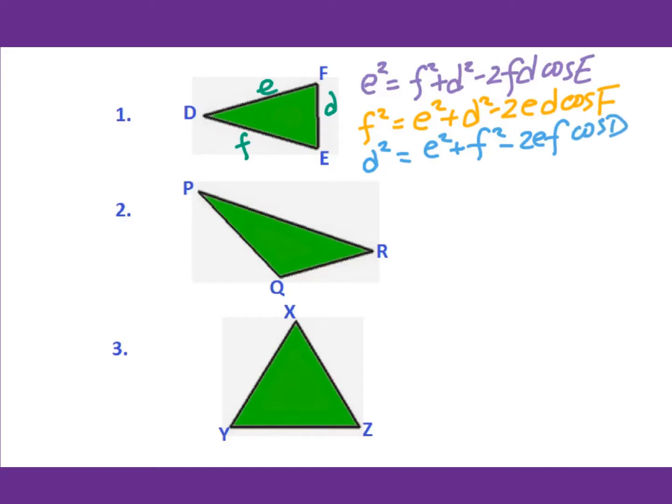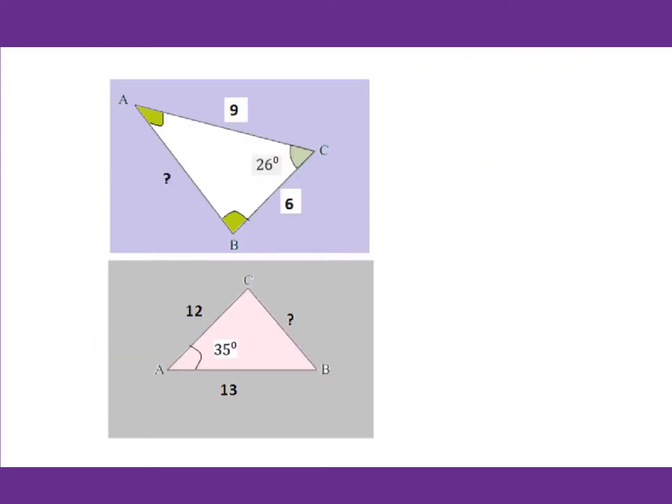For these two triangles, can you work that out? So we use that pattern to figure out this question mark. Let's label it as x. We get x squared equals 6 squared plus 9 squared minus 2 times 6 times 9 times cosine 26 degrees.